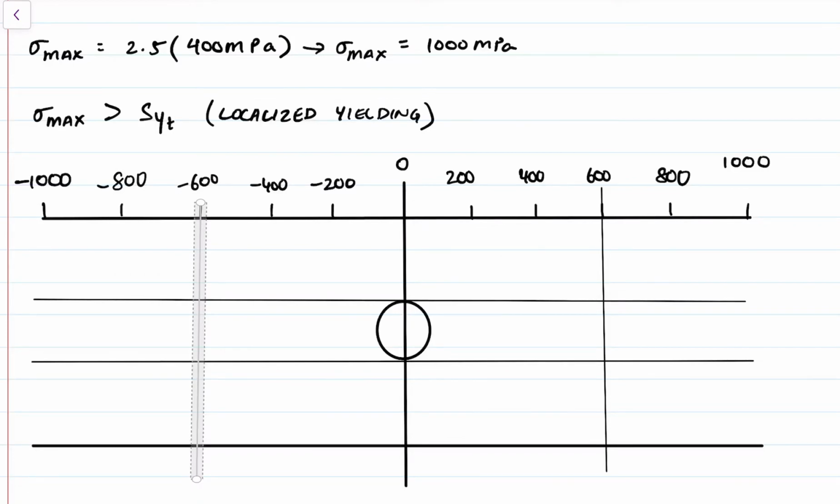So the first thing we're going to do is, using the same method we used in the first example, draw the theoretical stress distribution just from the numbers we calculated. So we have some nominal stress around 400 that goes until we hit 1000, right?